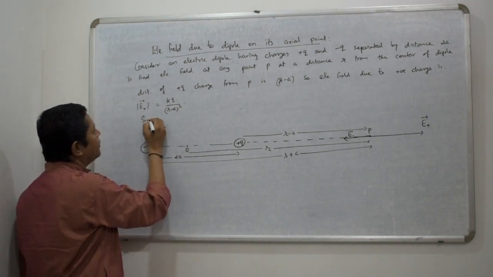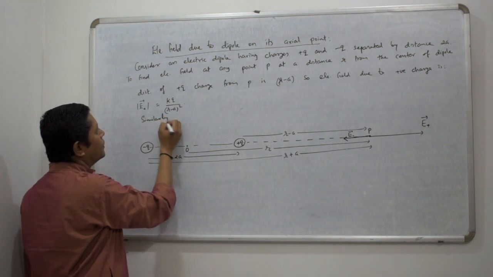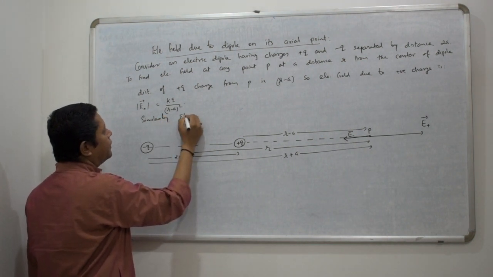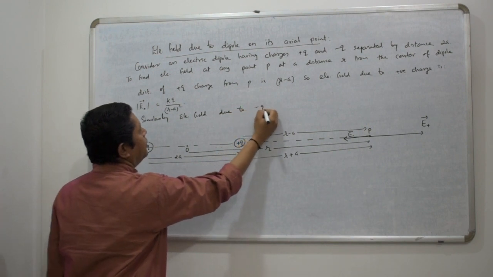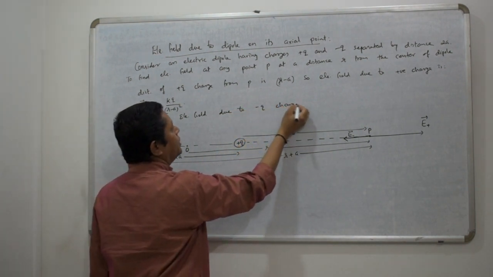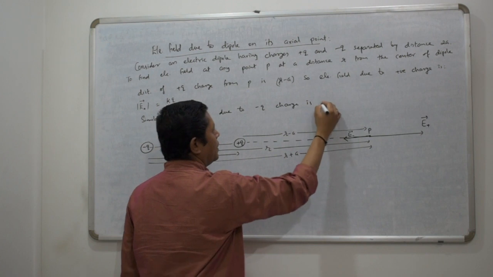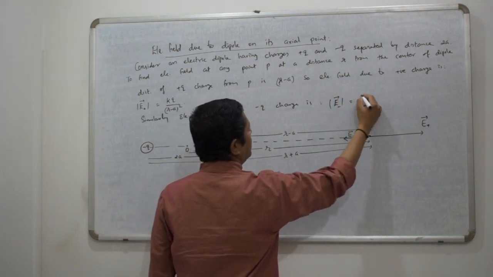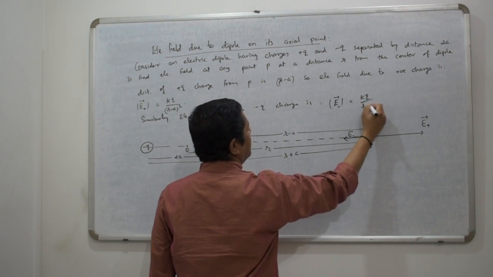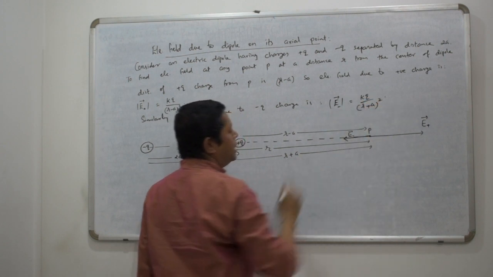Similarly, the electric field due to the minus q charge, E minus, is kq upon (r plus a) square.